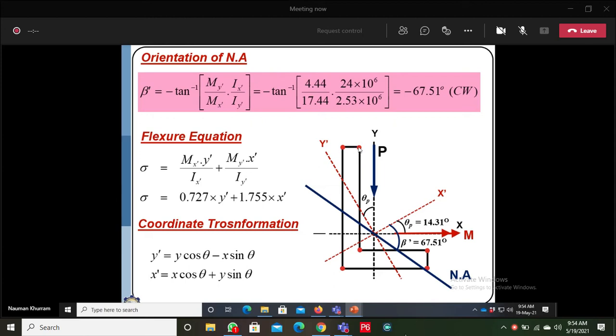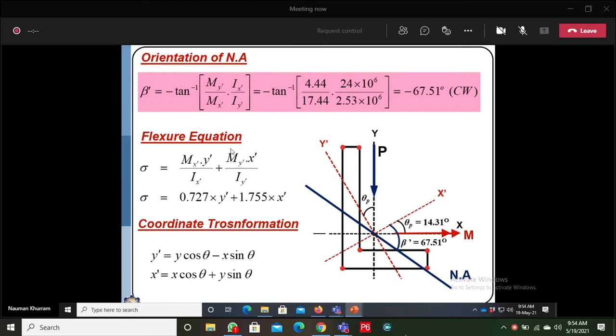But if you are supposed to determine the values at all corner points or at multiple points, for example corner points 1, 2, 3, 4, 5, 6, you will see that in this equation, for the entire cross section the moment will be constant, and the moment of inertia will also be constant. The only variable will be y, and y bar is the y coordinate of any point with respect to the principal axis under consideration.